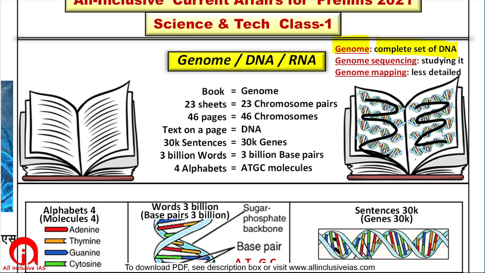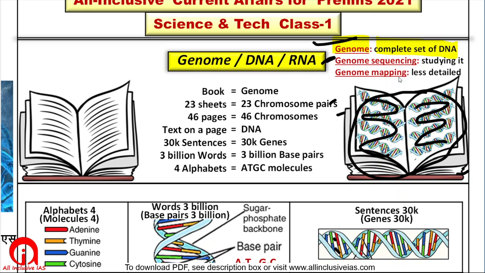Like this, 46 DNA molecules are there, and the complete set of these DNAs is the human genome. Genome sequencing means studying this book from the first sentence to the last sentence. You properly study what the different sentences are and in what order they are. What is written, the complete study of this book, is called genome sequencing.